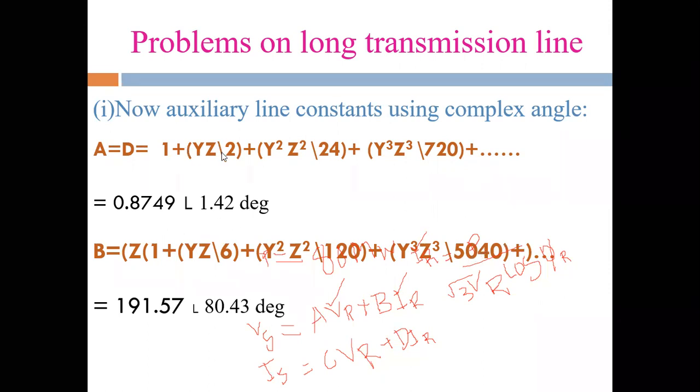In that formula, 2 means 2 factorial, 24 means 4 factorial, 720 means 6 factorial. In the B formula, YZ by 6, 6 means 3 factorial, then 5 factorial, and this is the 7 factorial. So 3, 5, 7 factorials.